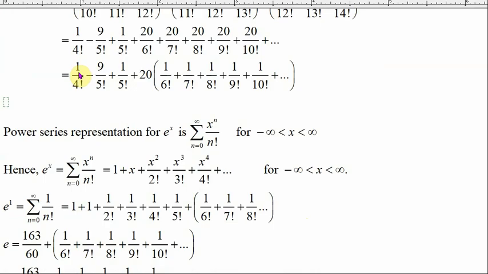So we have 1 over 4 factorial minus 9 over 5 factorial plus 1 over 5 factorial. And then the common factor here is 20. So we can write this as 20 times this sum right here.